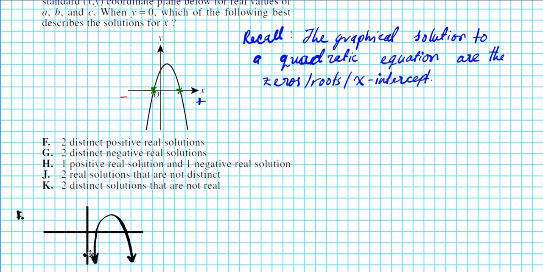Okay? So you see that both intercepts are to the right of the y-axis. So in this case, you're going to have two distinct positive real solutions. Okay? Now let's take a look at option G. You have two distinct negative real solutions. Can you visualize what that looks like?